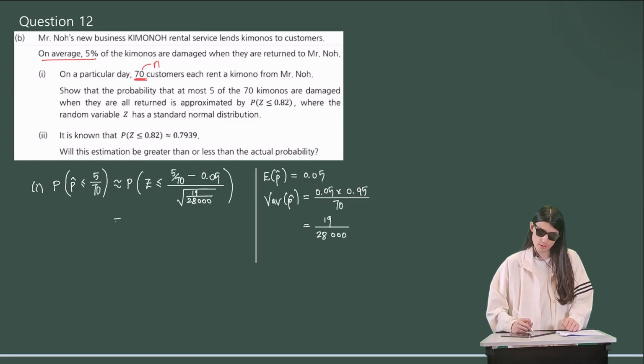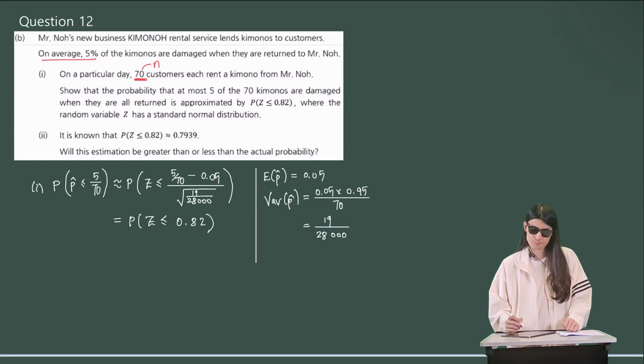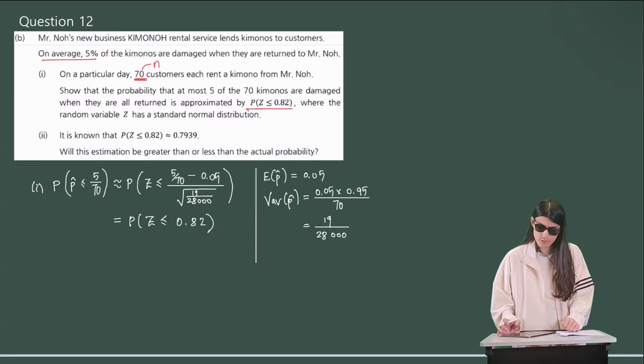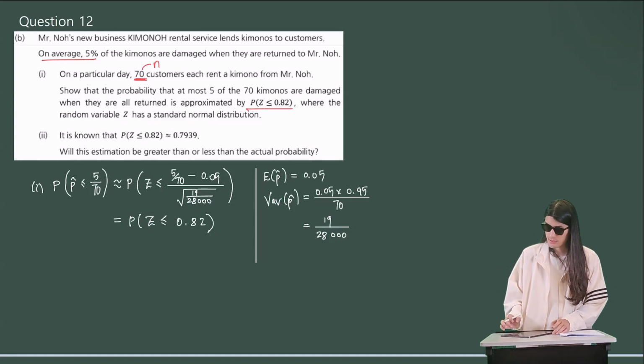That, in your calculator, indeed gives the 0.82, which the question wanted you to obtain. So that's the first part.